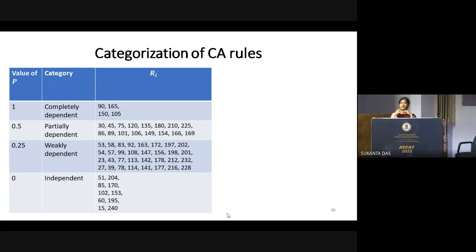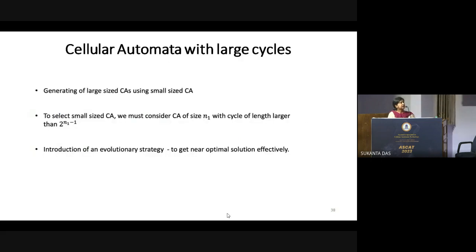We can see from the observations that if there is more dependence, there is a tendency of getting large length cycles. Keeping this in mind, we developed CAs stochastically, but it's not guaranteed we will always get large length cycles. So we took CAs of sizes 3 to 30 and computed their cycle structures.